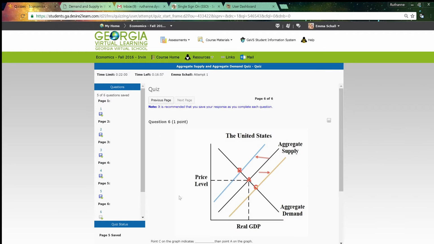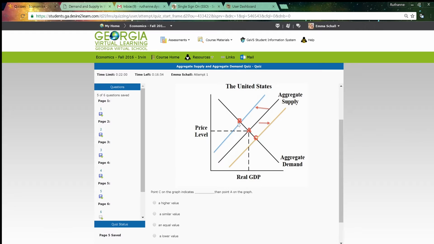Question number 6. All right, so we're looking at this graph again, but now we are shifting the supply and the demand is staying the same. Point C on the graph indicates blank, then point A on the graph. So if we're looking at point C, these are all equilibrium points because these are all where they cross each other. If we're looking at point C versus point A, which is the original, we can see that C is going to shift to the right, so it's going to be a lower value.